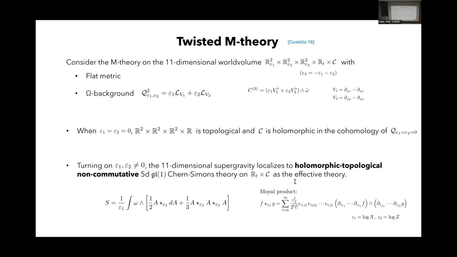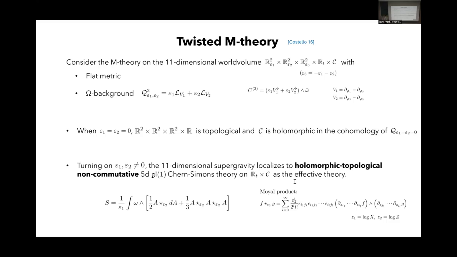This is the reason why I split this R^7 factor into R^2, R^2, R^2, and R. What Omega background means is that I turn on some potential that has to do with the rotations of the R^2 factors. I lose some degrees of freedom having high energy with respect to these rotations, and I look locally near the origin, which is the fixed point of these rotations.